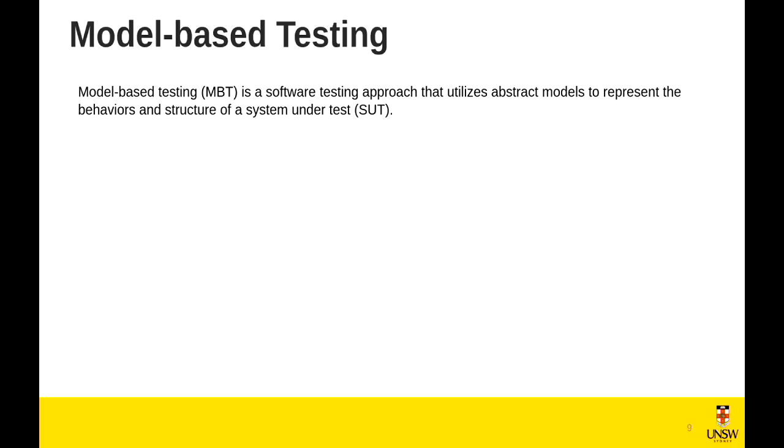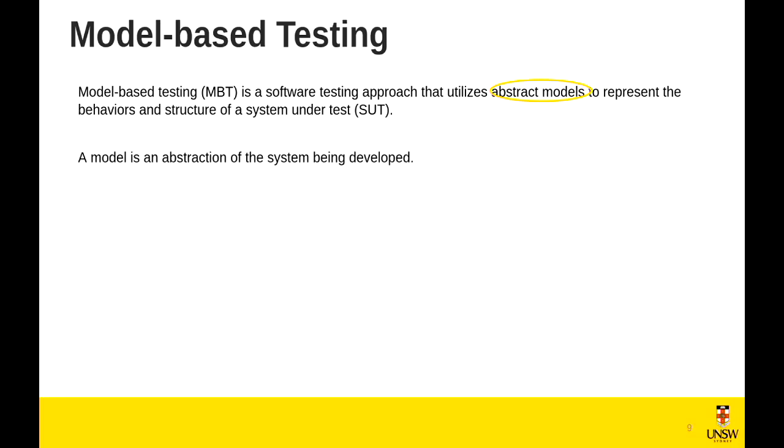So model-based testing is actually to describe the system as an abstract model, and we derive test cases based on the model we have created. This model is an abstract model, so we can simplify the behavior of the system.